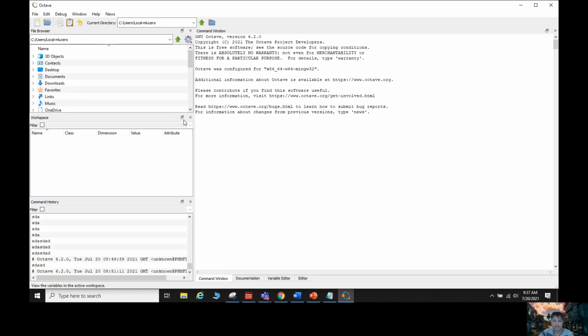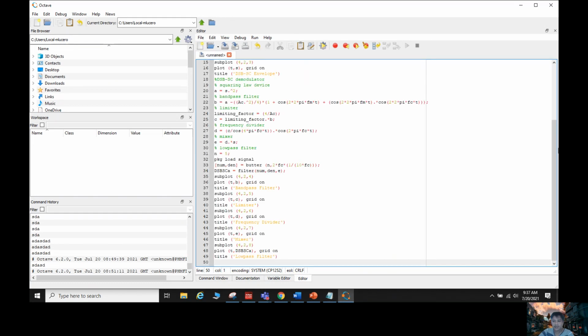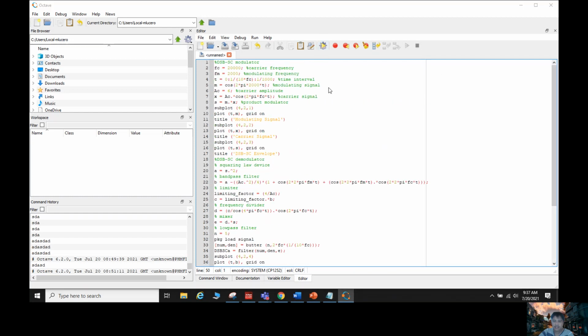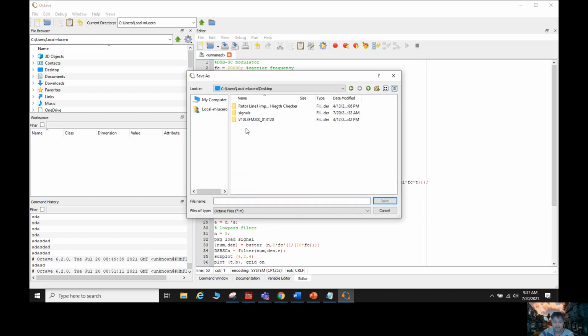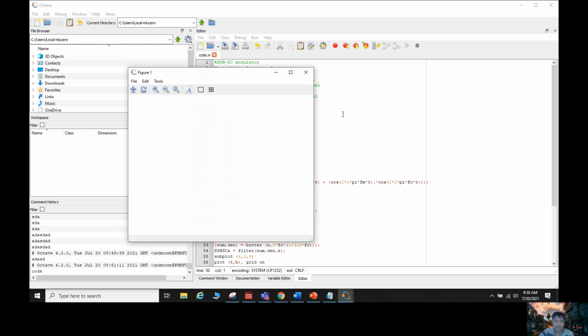We will be doing it in the editor, then paste our code. Then try to run it, and this is our OE8. I will just save this in the code directory. Then let us wait for it.